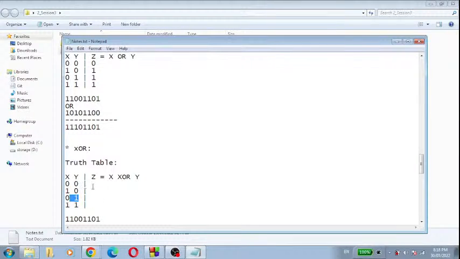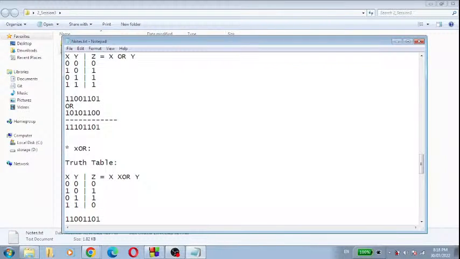Let's try it. 0 XORed with 0 is going to be 0. 1 XORed with 0 is going to be 1. 0 exclusive ORed with 1 is going to be 1. And 1 XOR 1 is going to be 0. This is the truth table for the XOR.